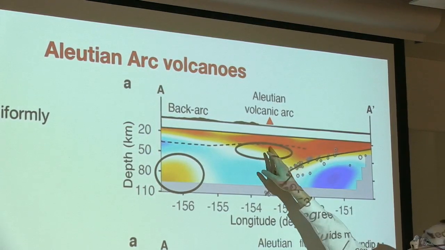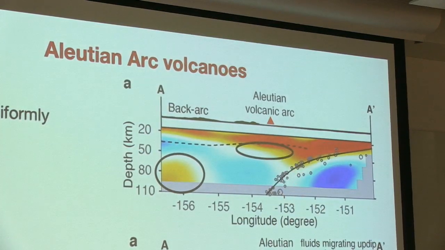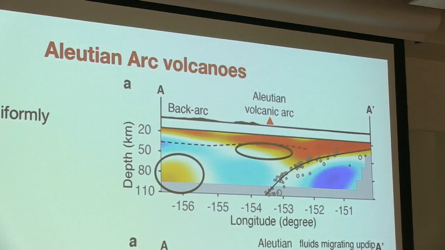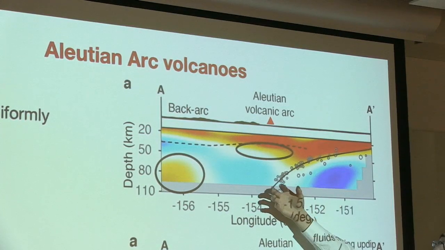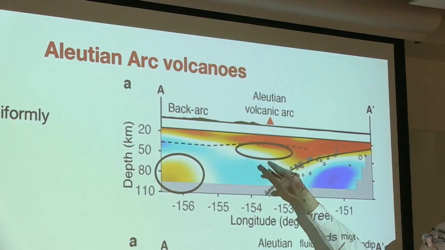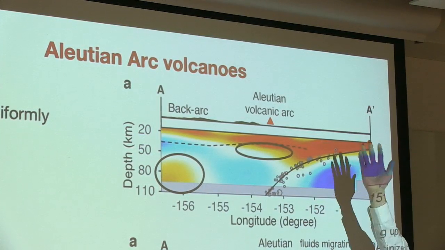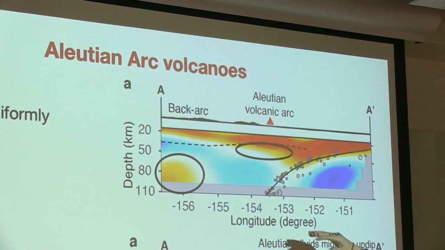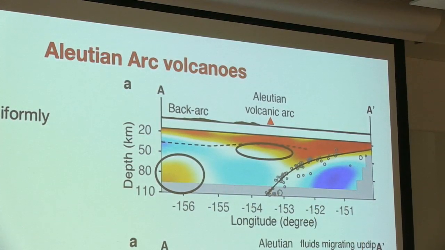This is the uppermost mantle right beneath the Aleutian volcanic arc. To produce volcanoes, as I talked about in the very beginning, you have melt in the mantle wedge accumulated beneath the crust, and then it propagates to the surface. That's probably an indication of melt accumulation in the uppermost mantle.